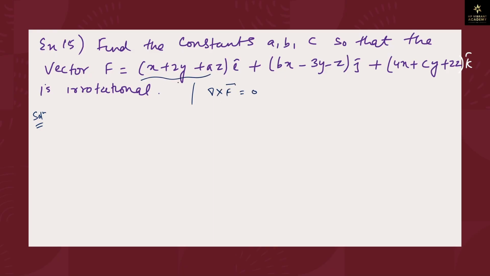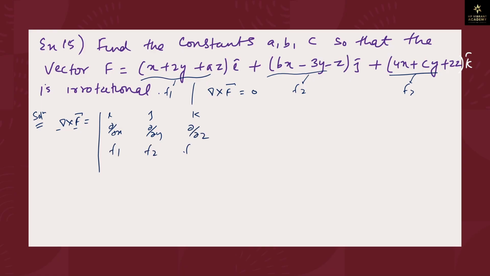Let us take this as f1, this as f2 and this as f3. Let us represent del cross f as a determinant, with the components of the first vector and the second vector. This is i, j and k. The first row is the component of the first vector: ∂/∂x, ∂/∂y, ∂/∂z. The second is the component of the second vector: f1, f2 and f3.